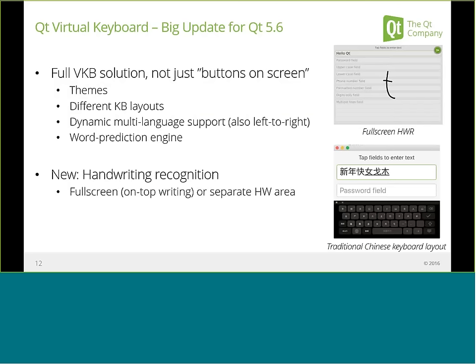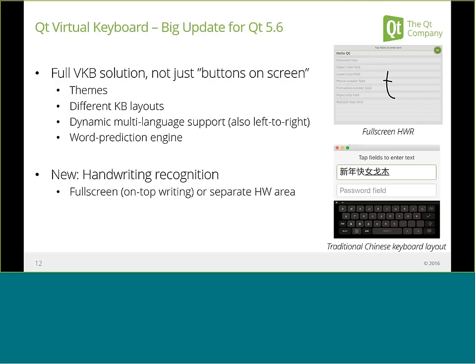Qt Virtual Keyboard got a big update with Qt 5.6. So Qt Virtual Keyboard is a full virtual keyboard solution, so not just buttons on screen, so to say, but it gives you full theming, so different keyboard layouts for different languages and for different input fields.